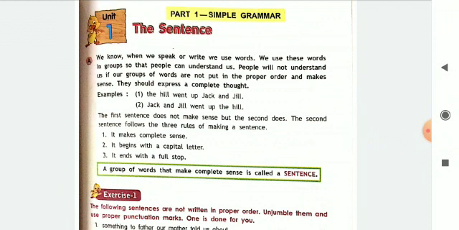Like in the younger standards, I'm sure you have done jumble words, right? The jumble words are then arranged properly where we make a proper sentence. That is the same thing. The first exercise is also the same thing. They have given you jumble words where we do the correct sentence. So a sentence is a group of words. When you arrange them properly, they make complete sense.